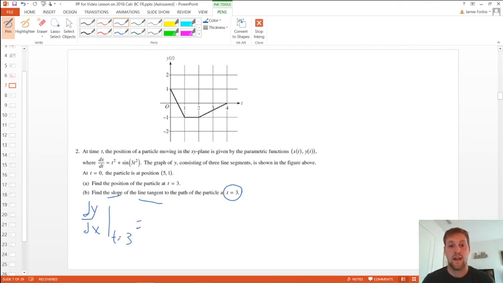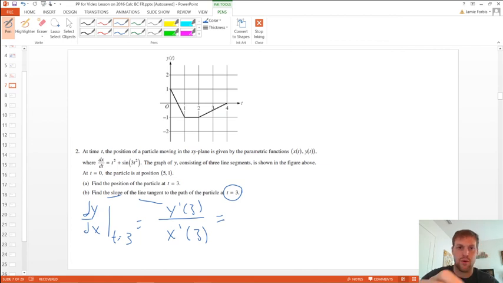That is the slope of the tangent line. So all we have to do is take the derivative of y over the derivative of x at time equals 3, which is the same thing as y prime of 3 over x prime of 3.